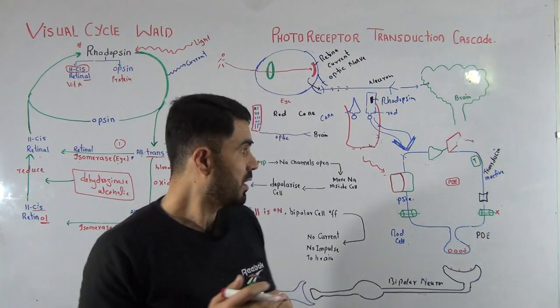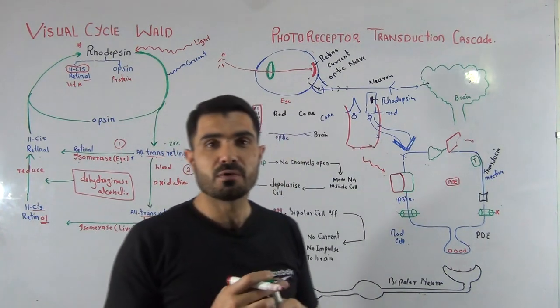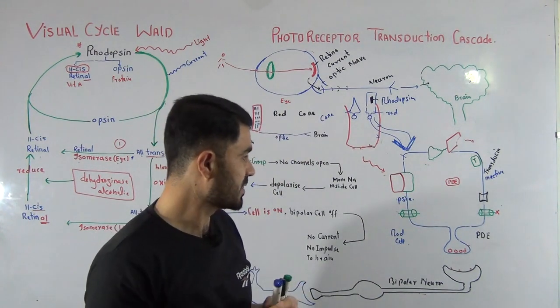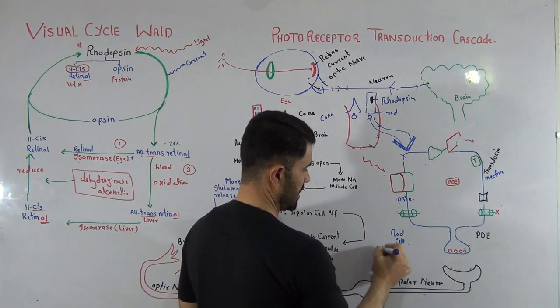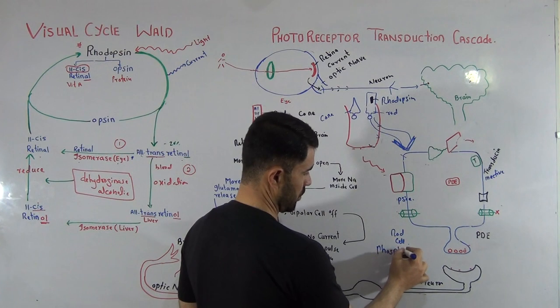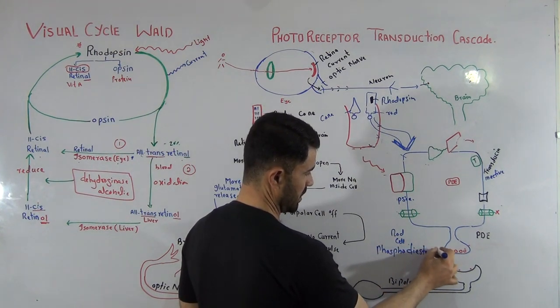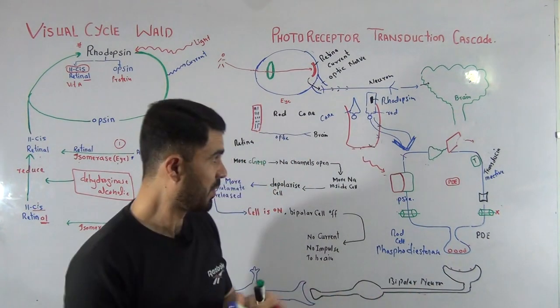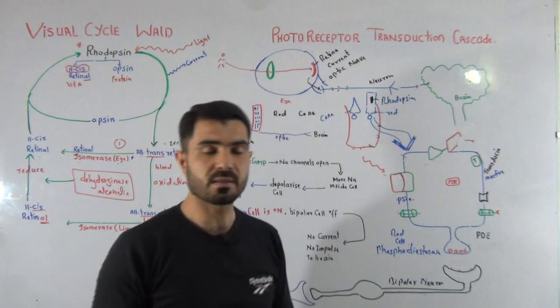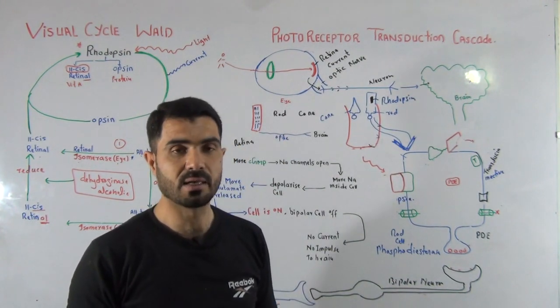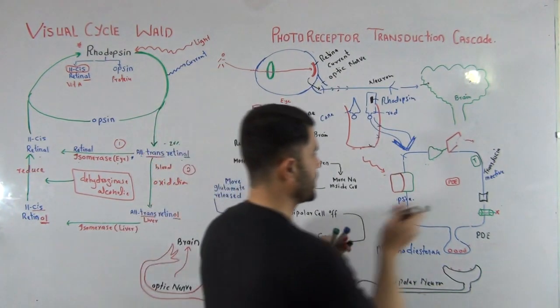Another molecule is the enzyme called phosphodiesterase, PDE. And here is another enzyme called guanylyl cyclase.